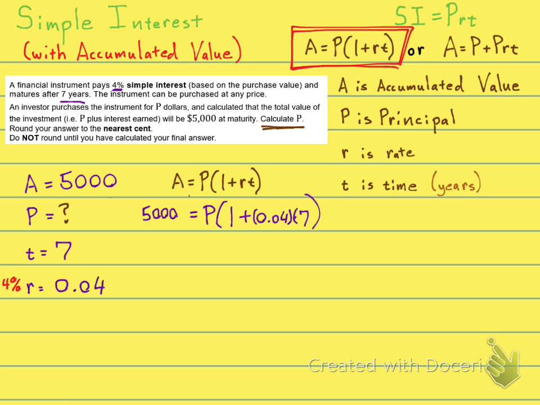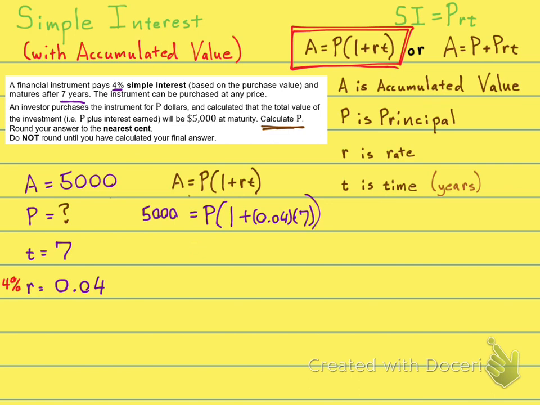I'll put these in parentheses. And now we're going to solve for P. You could either divide this whole thing out right now, or you could calculate it. I'm going to go ahead and calculate it. This is 1 plus these two things multiplied. Order of operations tells you you have to multiply first. So 0.04 times 7 is 0.28.